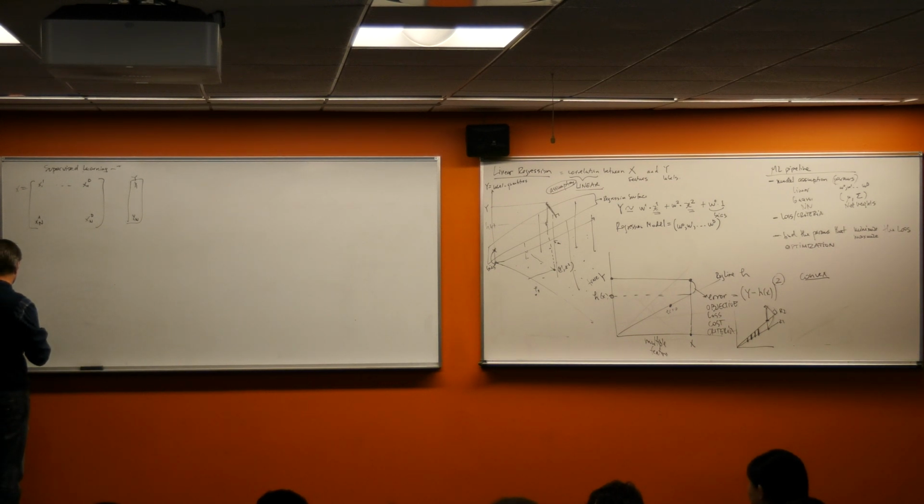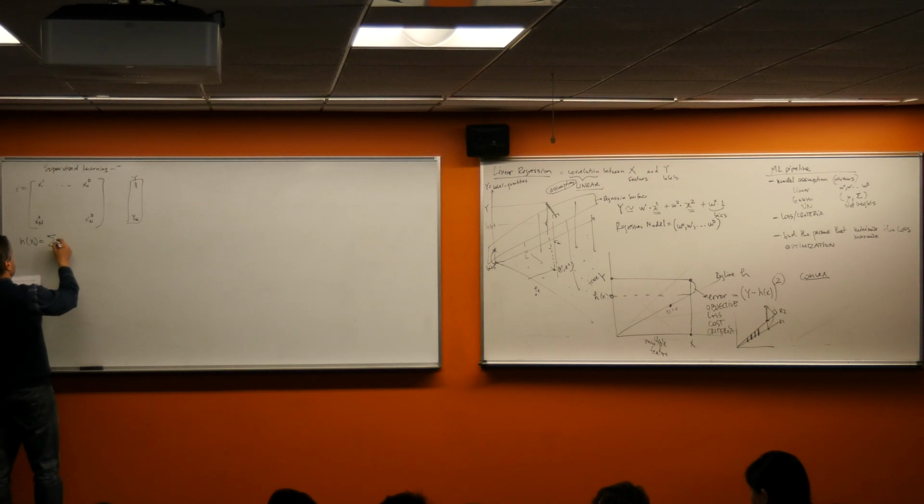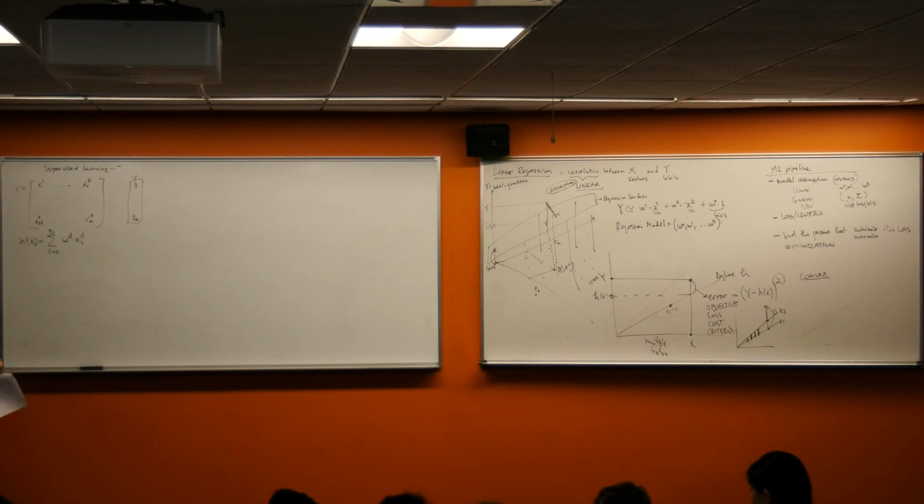And we have h of x, so for xi, that will be the sum of the features times the coefficients. That is the regression function.